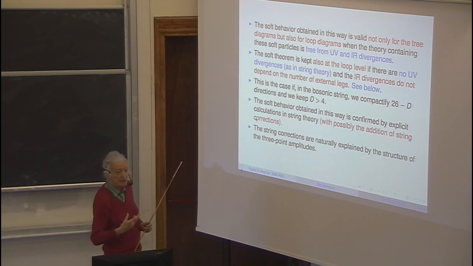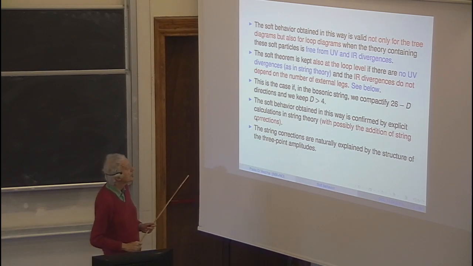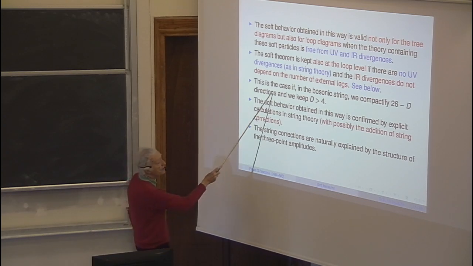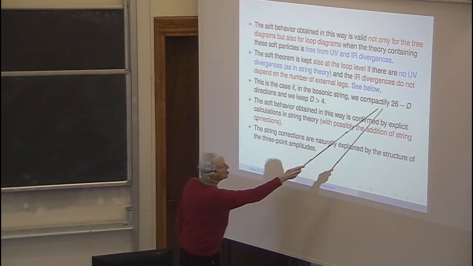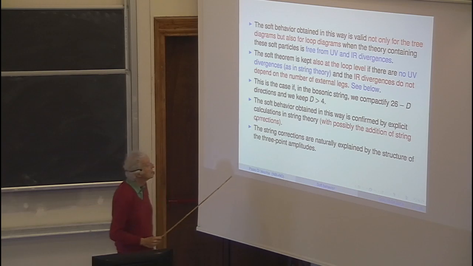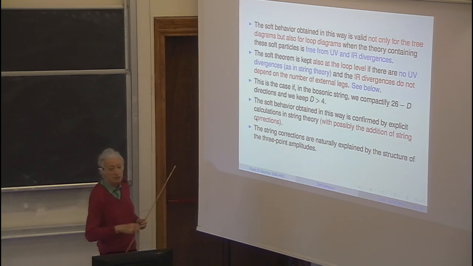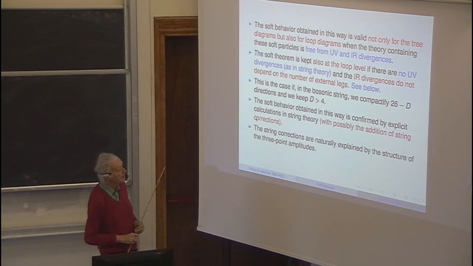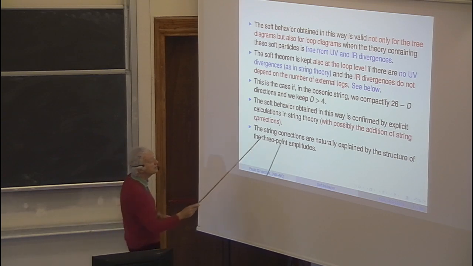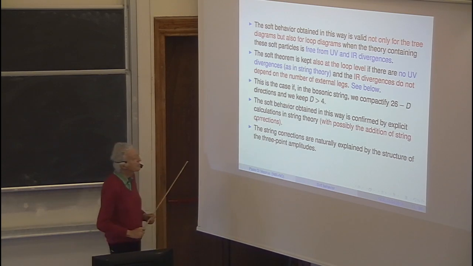I will explain that later on. And this is the case of the bosonic string if we compactify 26 minus d directions, so we have 26 minus d compact directions, and we keep d bigger than 4.